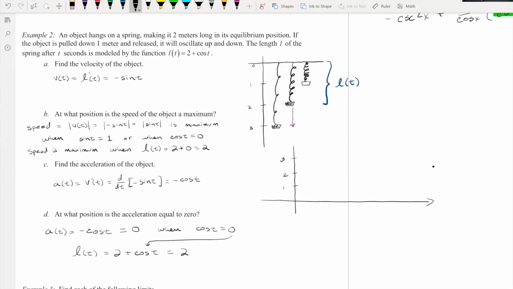And because it's something as simple as 2 plus cosine t, you guys have graphed that sort of thing, right? This function here, this function in yellow, you've graphed it in trigonometry and in pre-calc. It's just the cosine graph that's been shifted up 2 units. So as time marches along all the way out to 2 pi, maybe here is pi, there's pi over 2, here's 3 pi over 2.